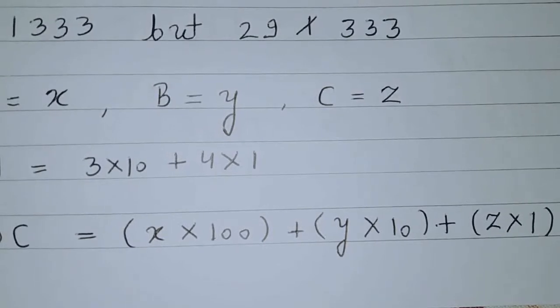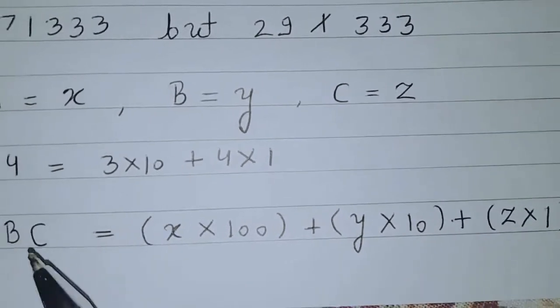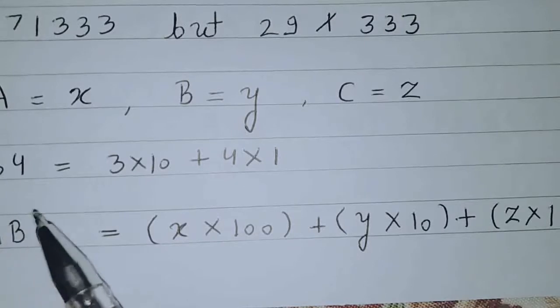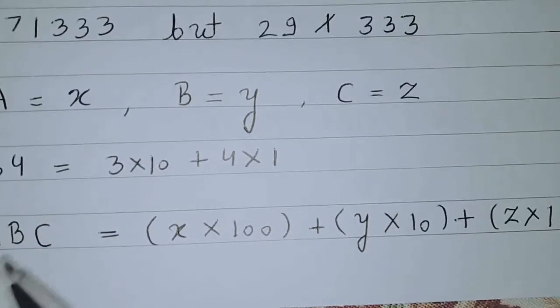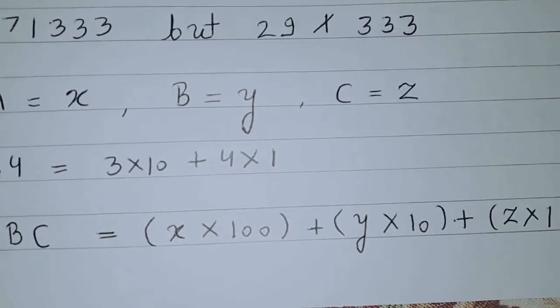The same way we can write the other two numbers, that means BCA and CAB, and now we can write the number D as the form we have determined.